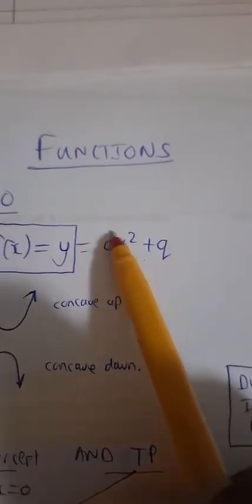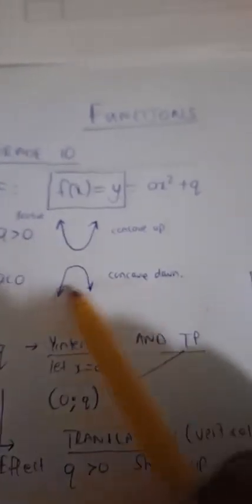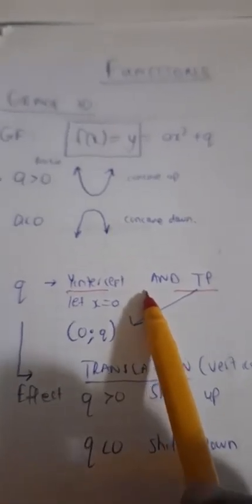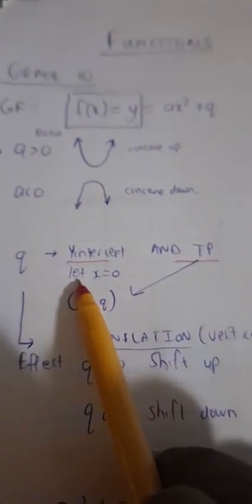The a, like I said, speaks to the shape of the function. A greater than 0 means concave up, a smiley face. A less than 0 means concave down. And the constant value q speaks to the y-intercept in grade 10, as well as the turning point. So q speaks for two things in our grade 10 function.